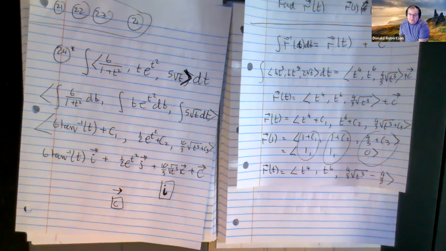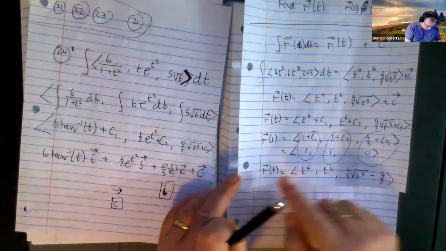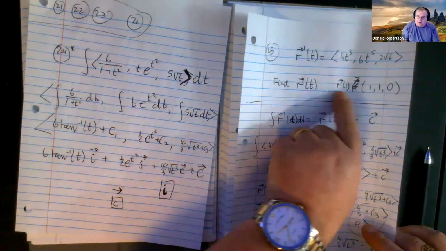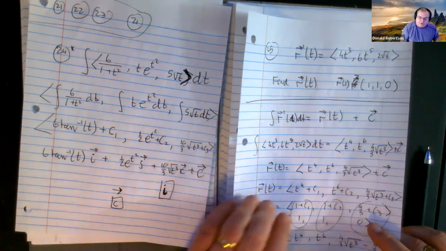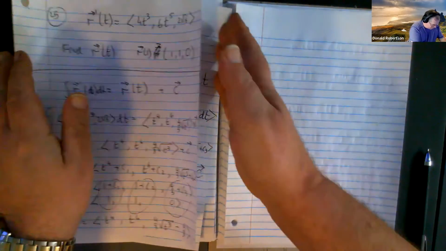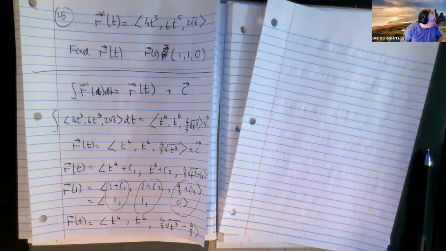And we're finished. We have found the original vector with this boundary condition. And 25 and 26 are essentially the same situation.